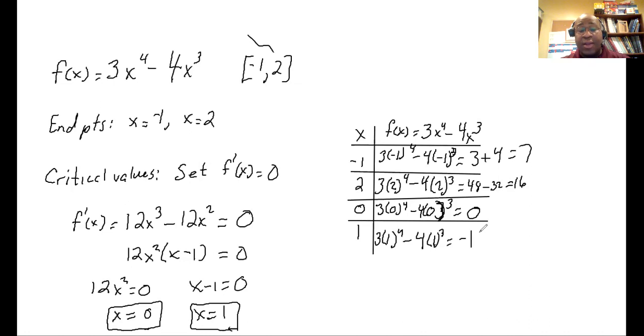So now we look at our values, and we're going to do a quick double check to make sure that our values are correct.